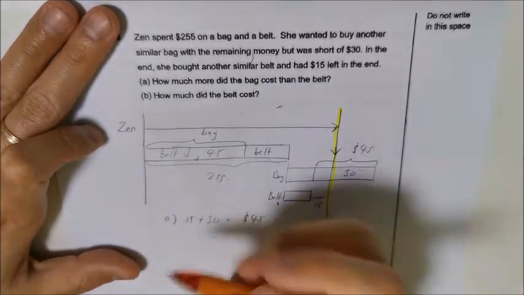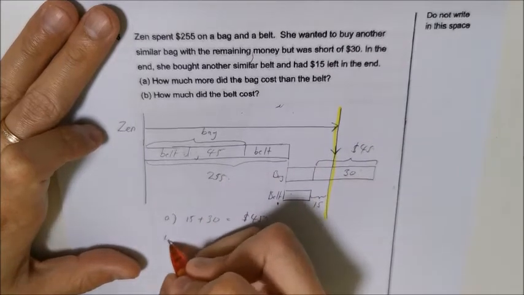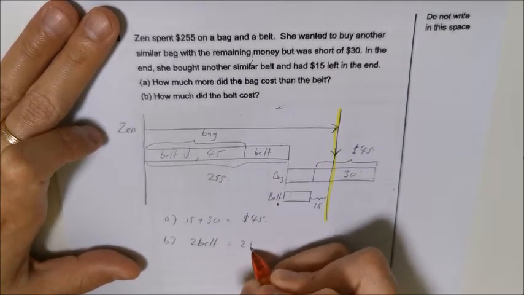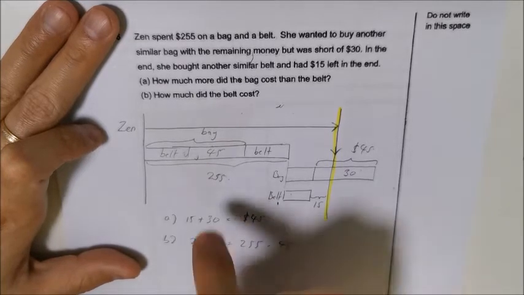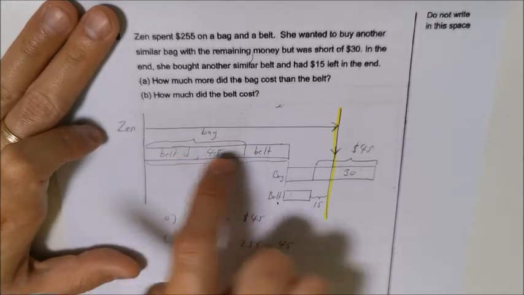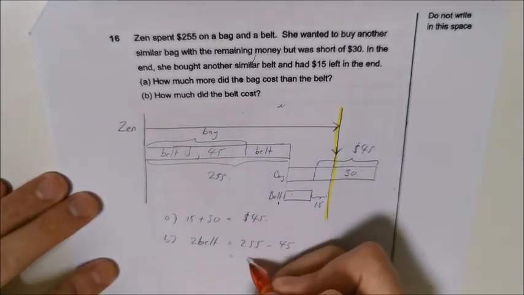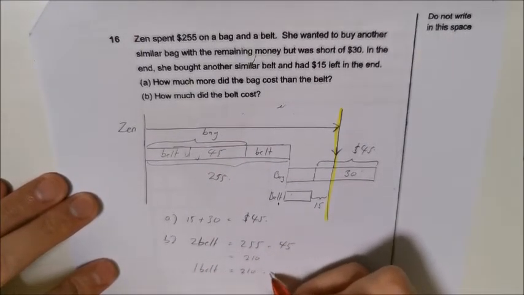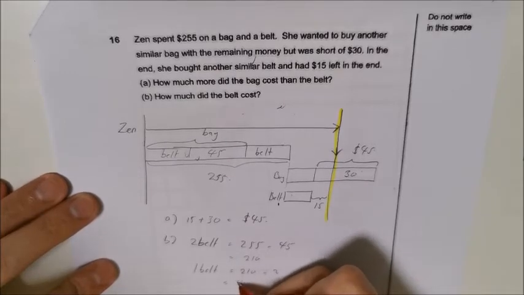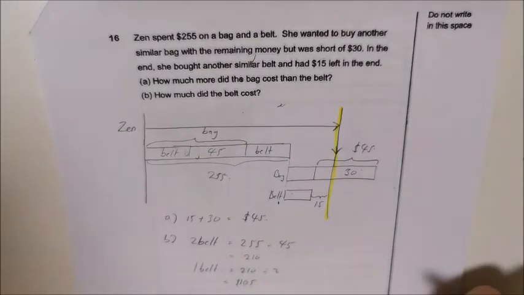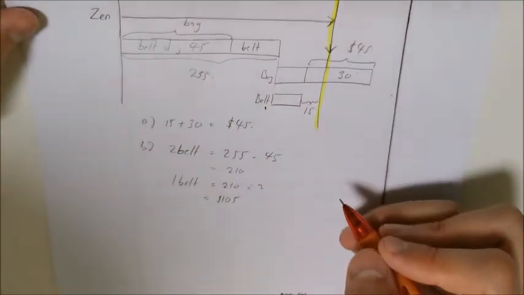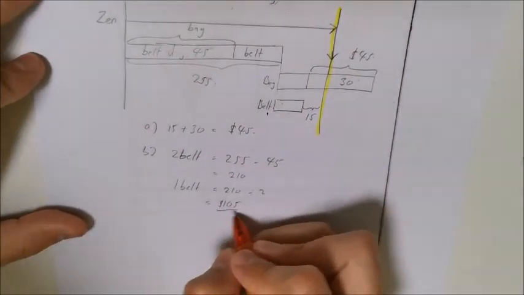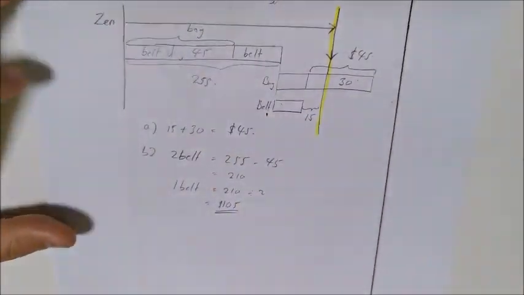So I can say that 2 belts equals 255 minus 45. You see, 255 take away 45, I have 2 belts. So that will be 210. So 1 belt will be 210 divided by 2. That will be $105. That will be the cost of the belt. So that's the answer.